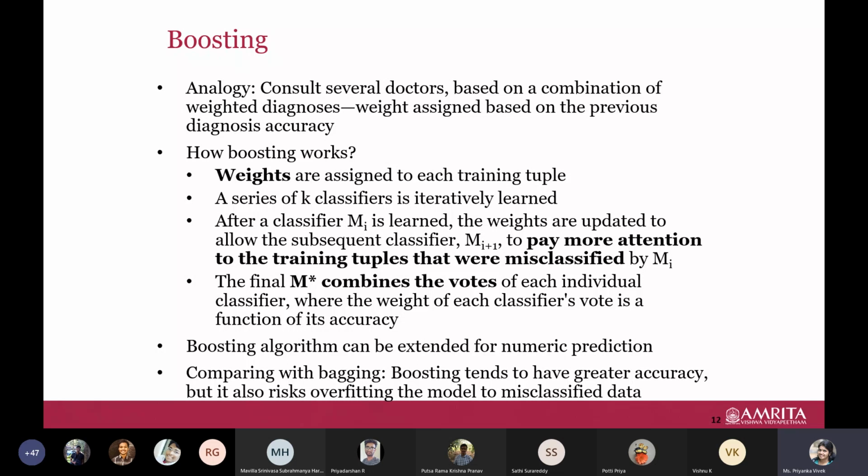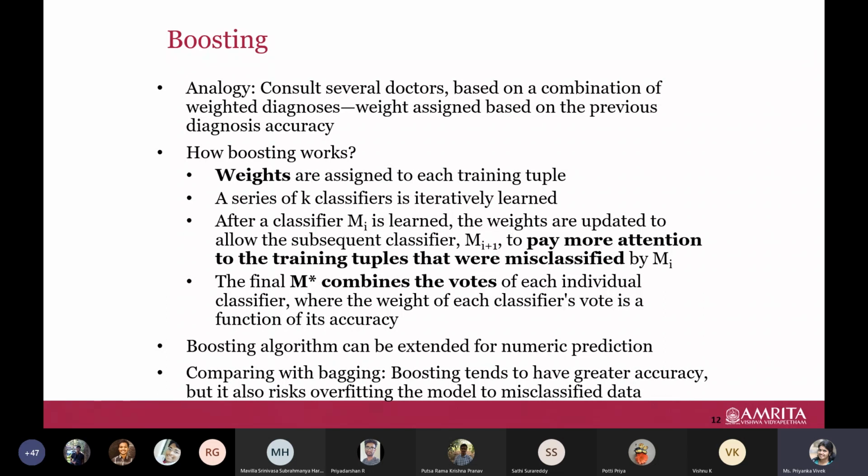Initially some initial weights are assigned to each training tuple. After one model is learned, when you start with the next model, the weights are changed. So how is that? The training tuples which are misclassified are given more weightage. So there is a weight increase for the tuples which are misclassified by that particular model.